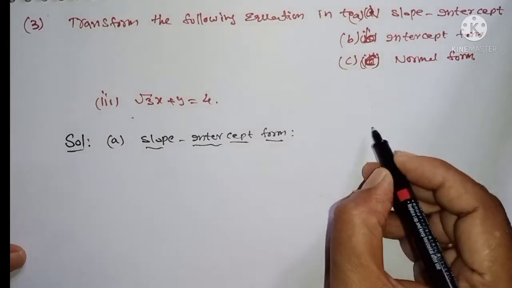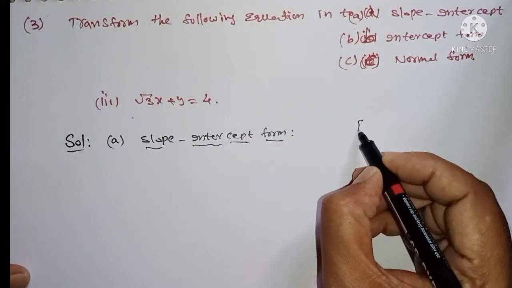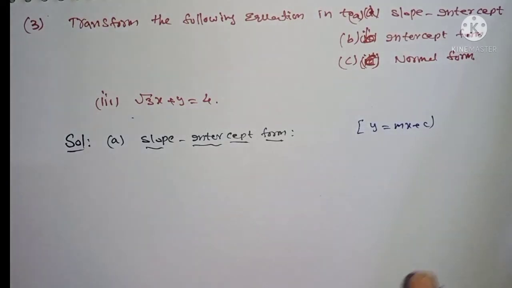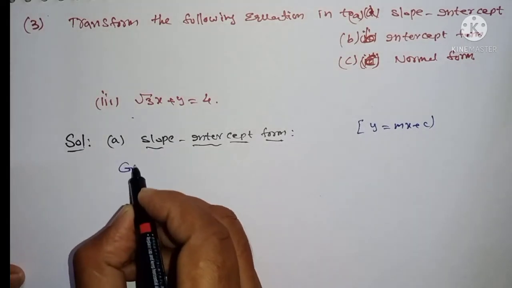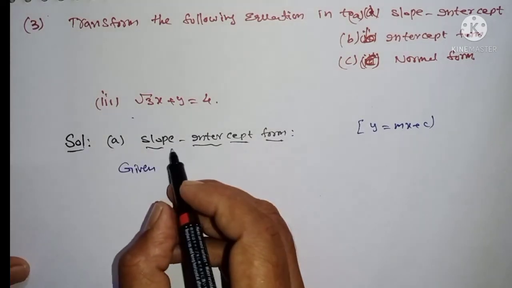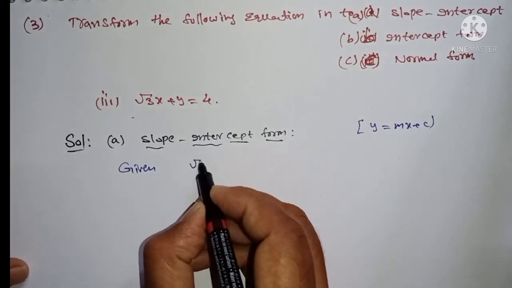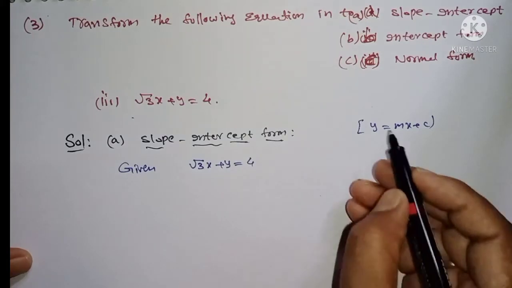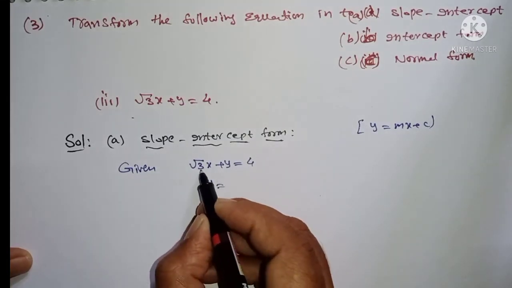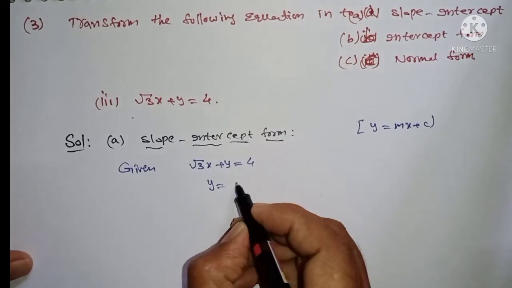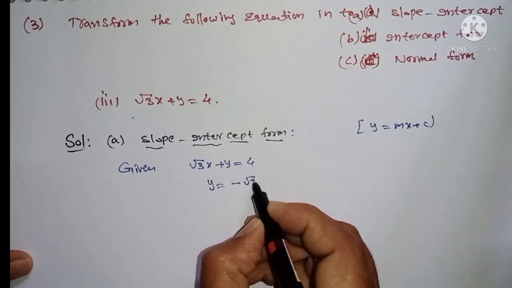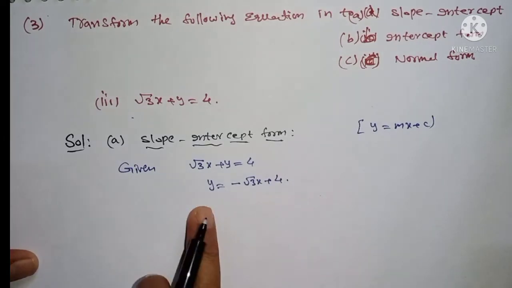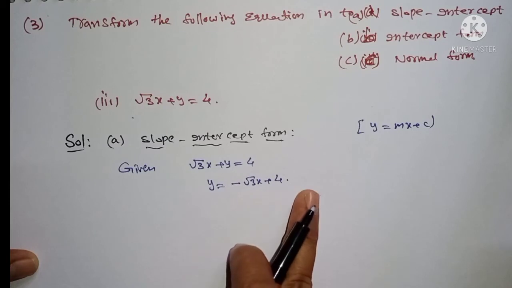First, the slope intercept form. You can write the formula y is equal to mx plus c, and reduce the given equation to this form. Root 3x plus y is equal to 4 is given. Therefore, write y as it is and bring the x term to the RHS: y is equal to minus root 3x plus 4 only.